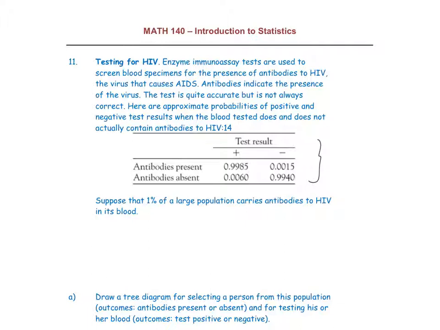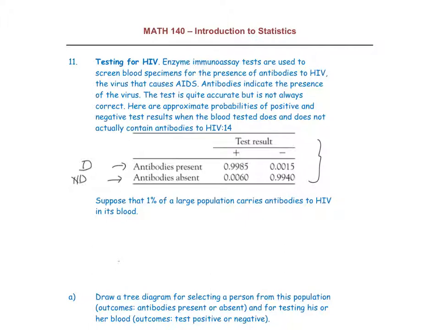If the antibodies are present, then for simplicity we are just going to call this D for disease. And if the antibodies are absent, we can assume that the person does not have the virus. And again, for simplicity, we're going to call this event ND for no disease.